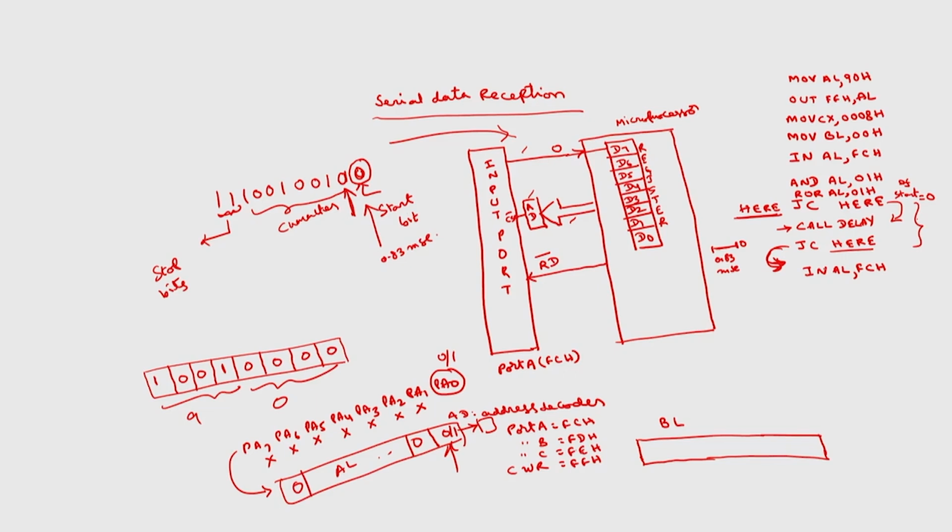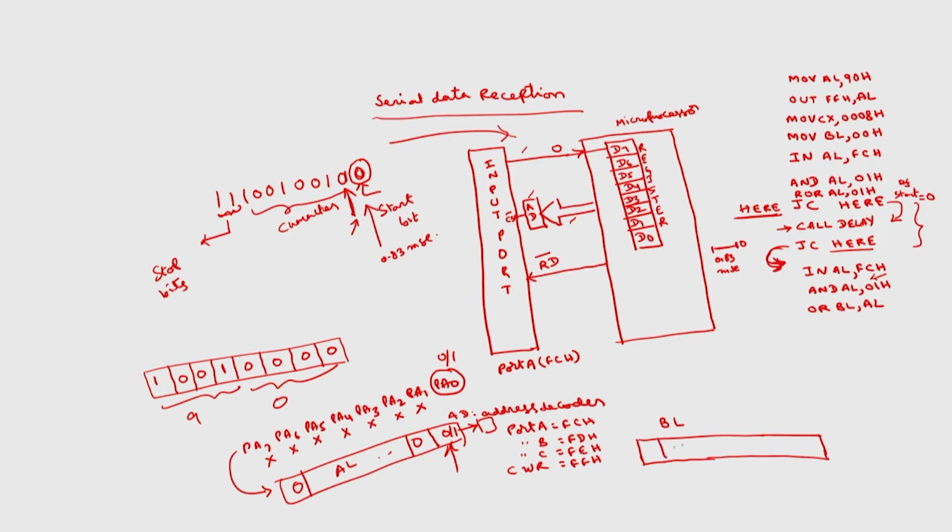That I will AND with 01H, so that the last bit remains whatever the received bit is. If the received bit is 0, the last bit becomes 0; if the received bit is 1, the last bit is 1, because the last bit of 01H is 1. Okay. This I am going to OR with BL and store the result in BL itself.